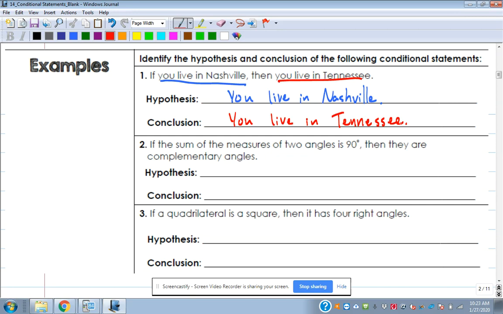All right. Number 2, if the sum of the measure of two angles is 90 degrees, then they are complementary angles. So we kind of relate that to some geometry stuff instead of other things.